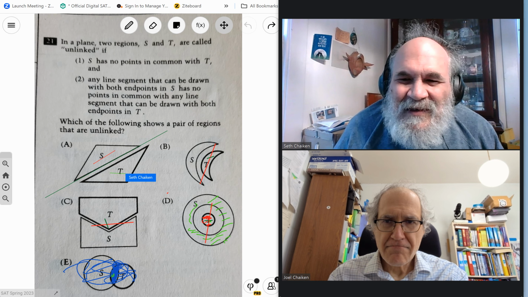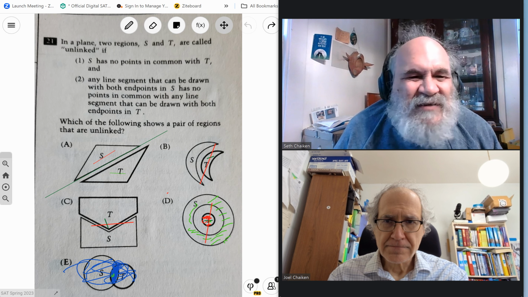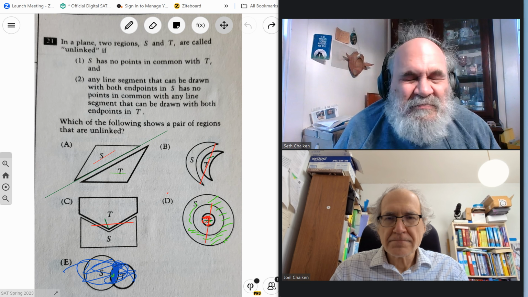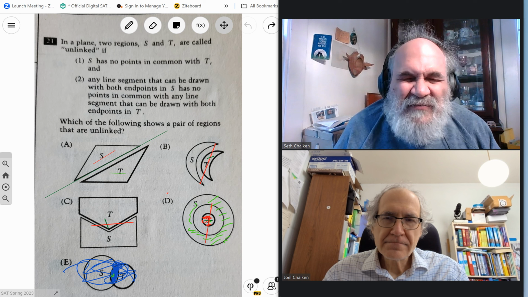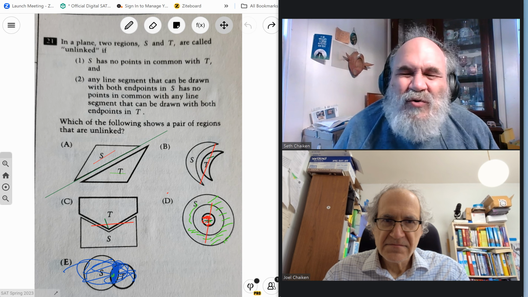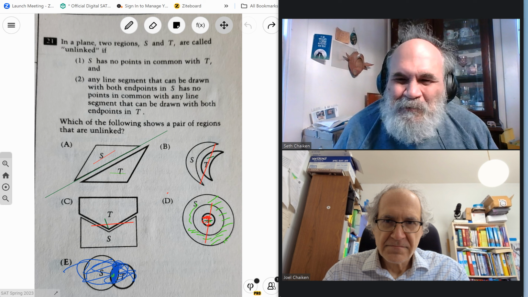So any common point of the two line segments must be either on the green line, above the green line, or below the green line. But there is no point in any of these line segments that's on the green line.